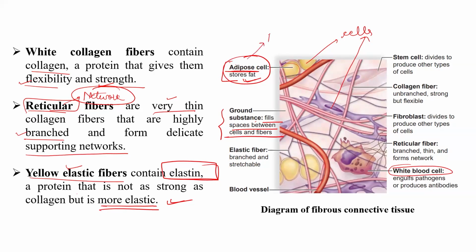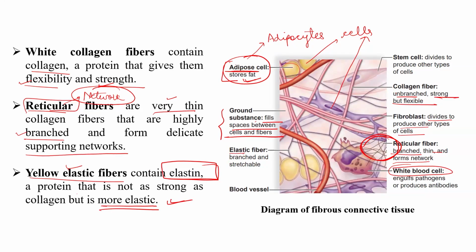They have adipocytes. Similarly, we have fibroblast cells, which divide to produce other types of cells. Then we have reticular fibers. You can see here, reticular fibers are branched. They are very thin and they form a network. This is the reticular fiber, a component of connective tissue. We have collagen fibers, which are unbranched, strong and flexible. You can see the collagen fibers are unbranched, while the reticular fibers are branched.